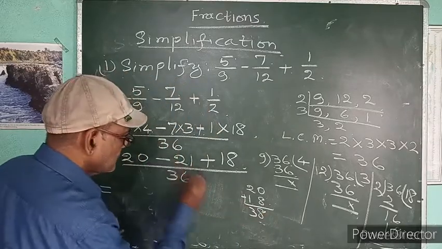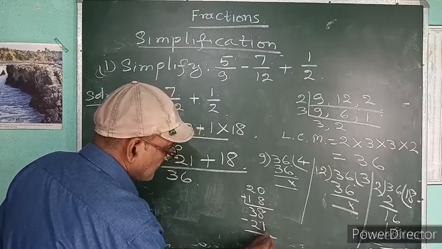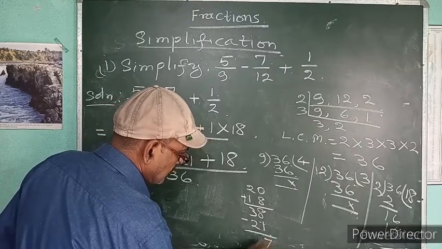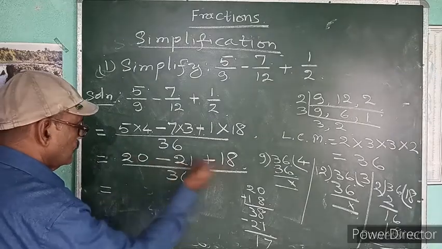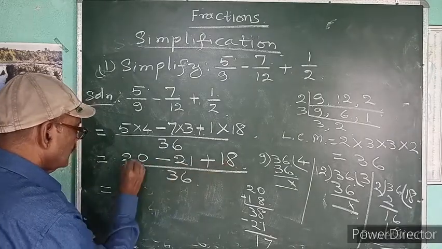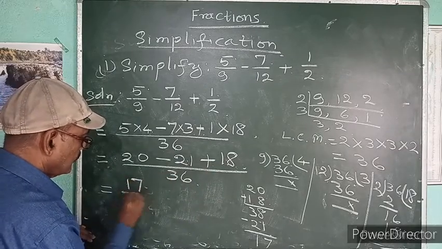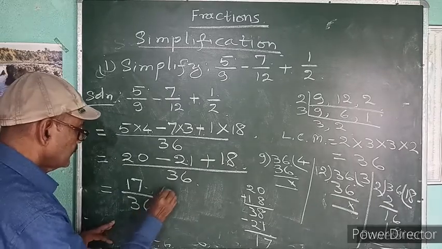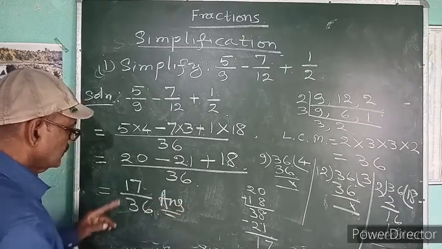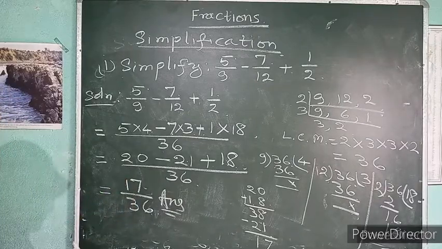Then subtract 21. 38 minus 21 is 17. So you are getting 17 after summing up. 17 upon 36. This is the answer. This is an irreducible fraction, 17 by 36.